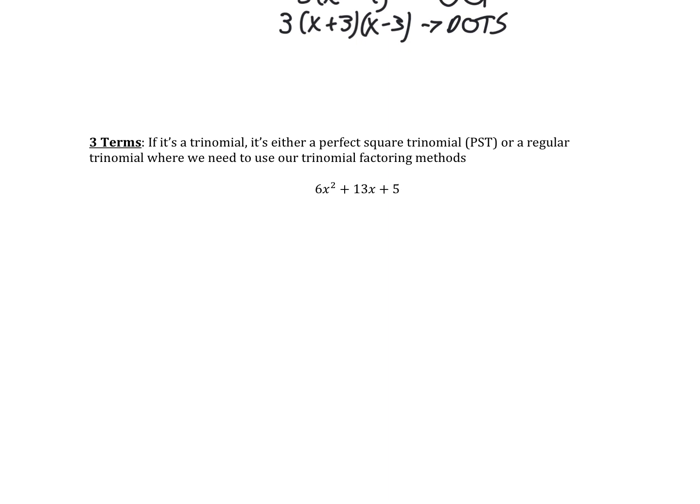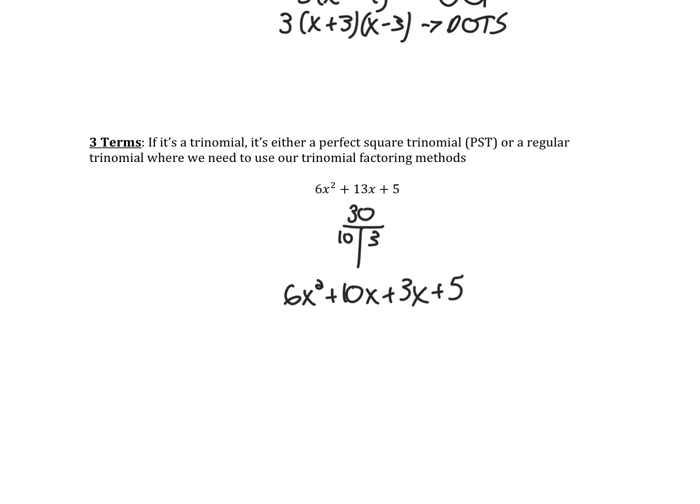So 6 times 5 is 30, like my little chart. Now I want to find numbers that multiply to 30 and add up to 13. 10 and 3 hopefully is an obvious example. So I'm going to rewrite it as 6x squared plus 10x plus 3x plus 5.